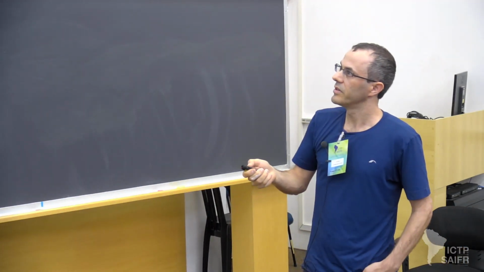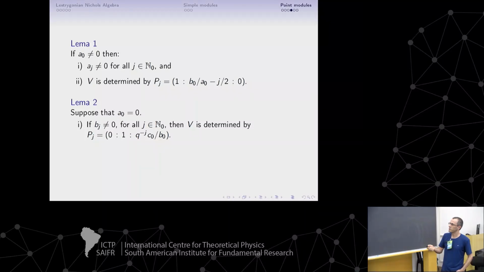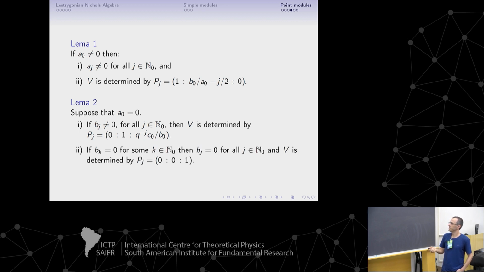In the case that Bj is not 0 for all j, we have that Pj is given by this: 0, 1, k minus j, C0 divided by B0. And the other one, we have the trivial one: Pj is equal to 0, 0, 1.